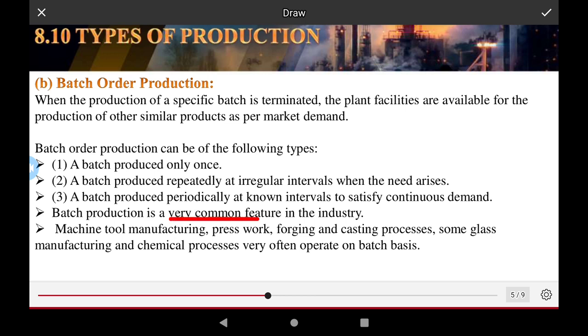Batch production is a very common feature in industry.